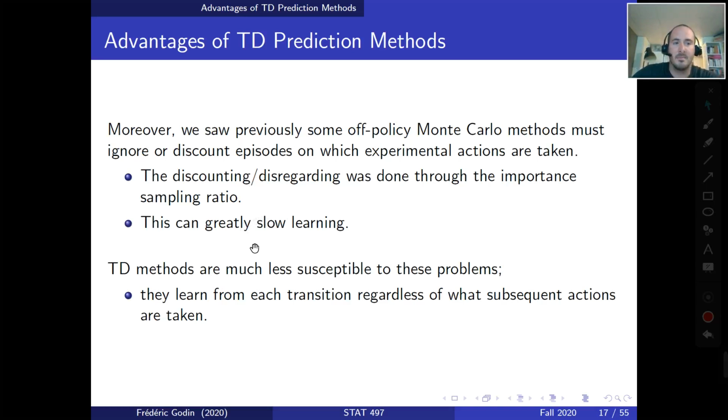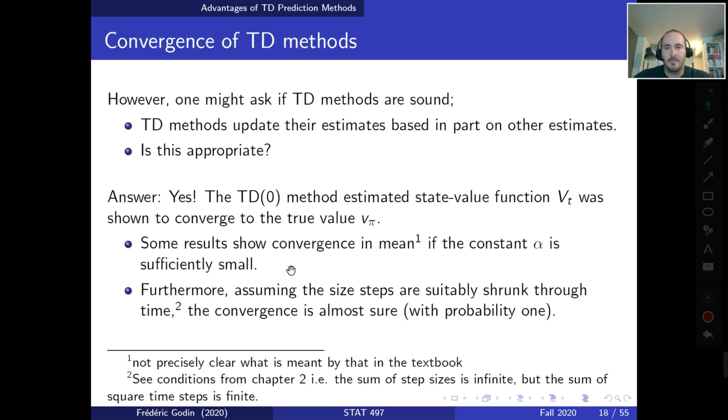In the previous algorithm there was a breakpoint after which you don't learn from your episodes for all states before that breakpoint. Whereas if you apply TD learning, you're not constrained by this breaking point. You're going to learn from all states of the episode, regardless of what actions are taken, even if it's the non-greedy one. So this is another advantage of TD learning methods, which should increase learning speed.